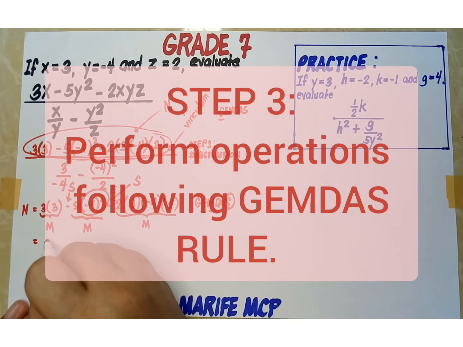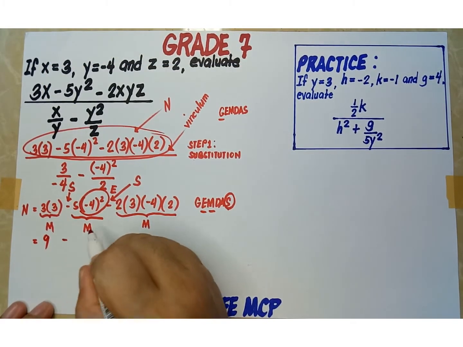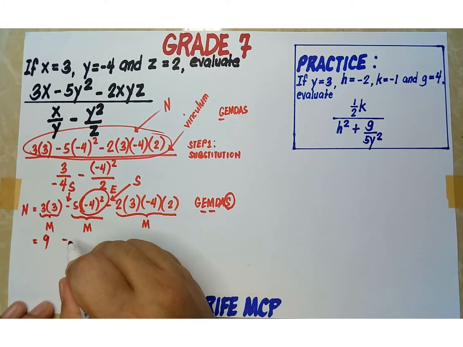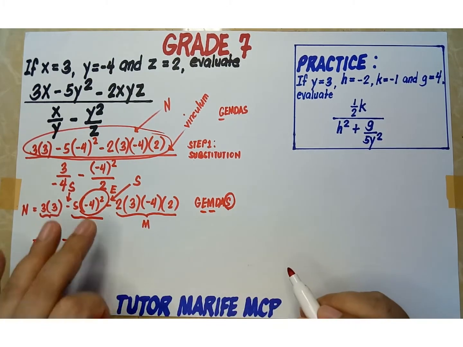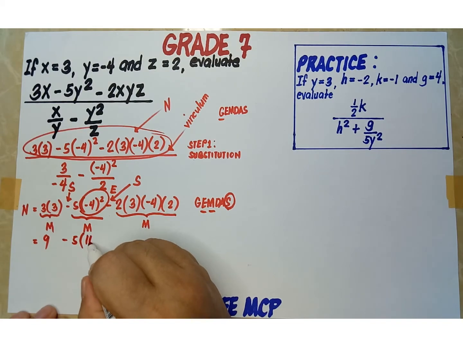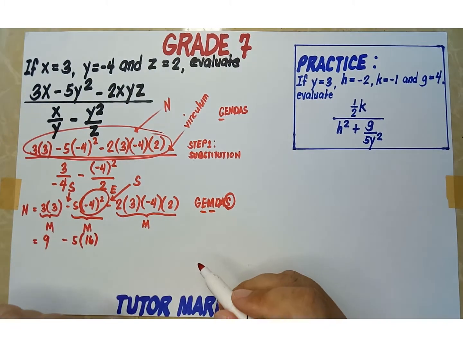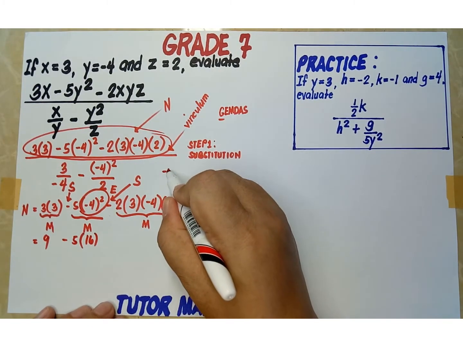Pwede na tayong mag-multiply. 3 times 3 is 9. Within the second term, mag-exponentiate lang muna tayo. So we have 5 times value of negative 4 squared is 16. Negative 4 squared is negative 4 times negative 4.